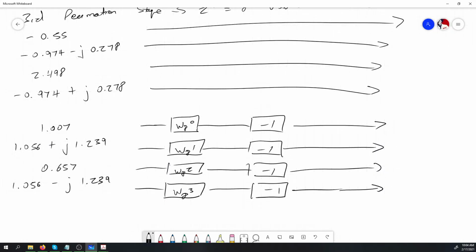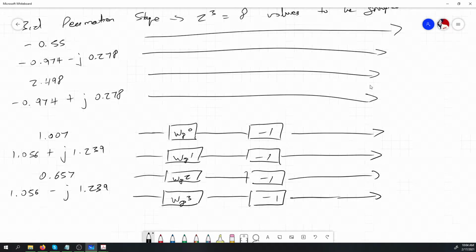Alright, so going back to the third decimation stage here, in drawing out our butterfly diagram, we do the same thing as before, but now because there's 8 values to be grouped, the first 4 values here don't have twiddle factors, and the next 4 values here will have twiddle factors associated with them. So the first value that doesn't have a twiddle factor must match to the first value that does have a twiddle factor to formulate the butterfly. So cross point here, next cross point here, do that, same thing for the second one.